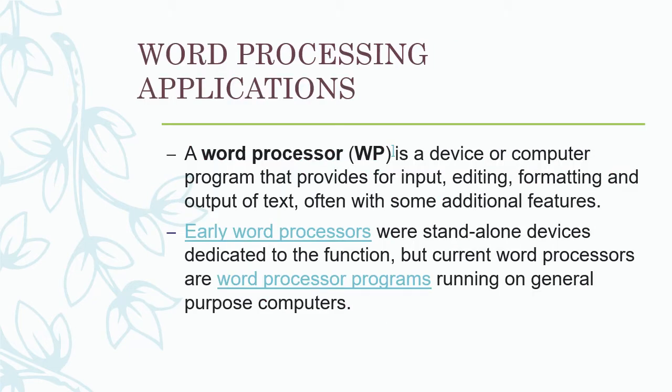First of all, we need to know what word processing is. Word processing is used to create a Word document. Those kinds of applications are known as word processing applications, like WordPad, Notepad, MS Word.